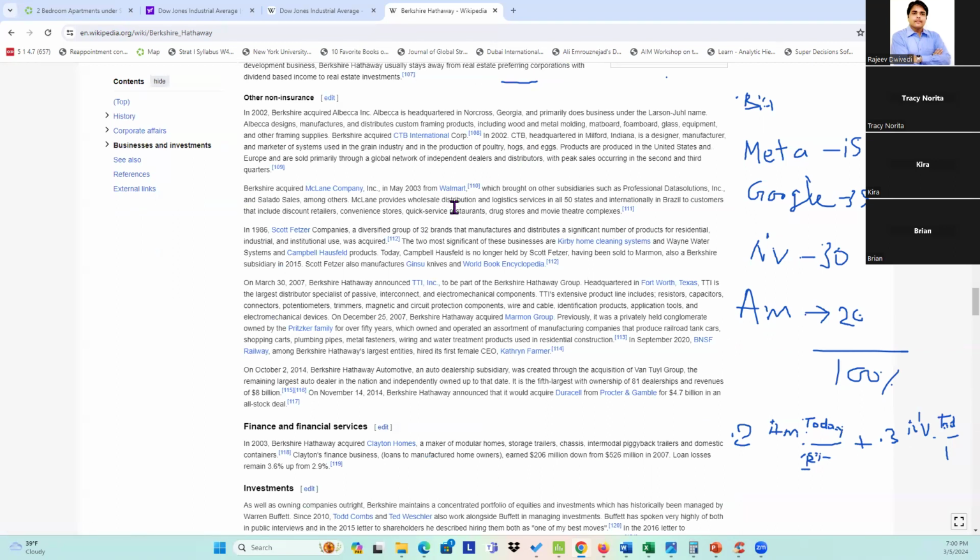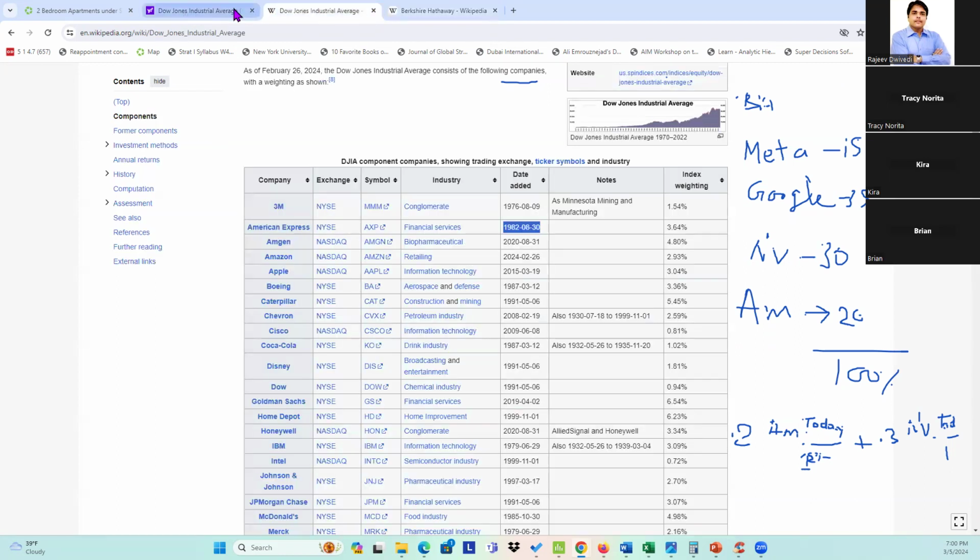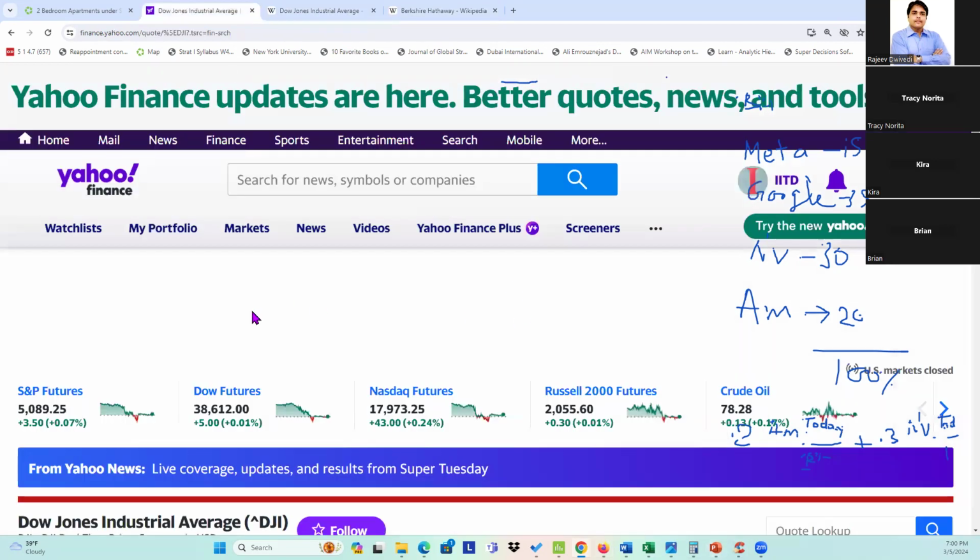This is also covered in the chapter. And one more thing I would like to share: how they determine the price, how the stock prices fluctuate here.